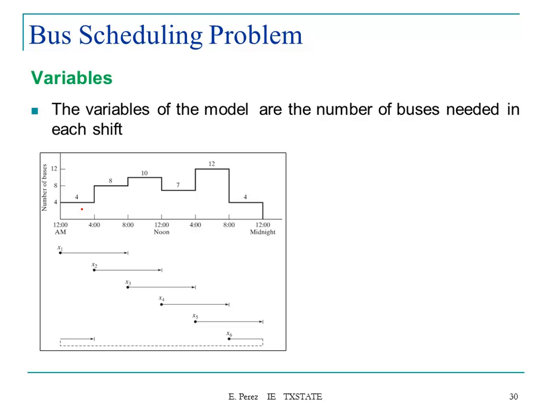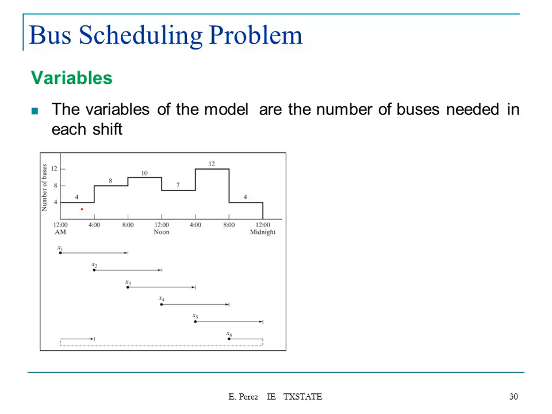So if we refer back to the graph for the capacity demand of the number of buses, you'll see that you can define your variables in terms of 8-hour shifts. So X1 will be this 8-hour shift from midnight to 8. And then you can have another shift starting at 4, from 4 to 12.